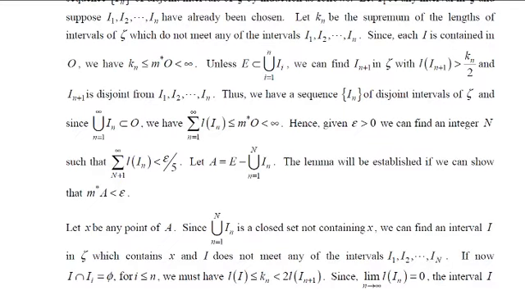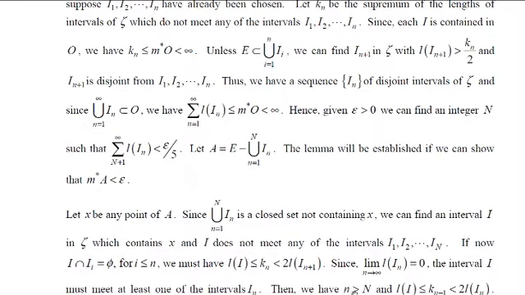But it may meet any of the other intervals because the length of I is less than or equal to kn, and the limit of this is 0. Therefore, I has to meet one of the intervals, say I capital N plus 1, etc., not any of the intervals I1 to In. It has to meet one of them.